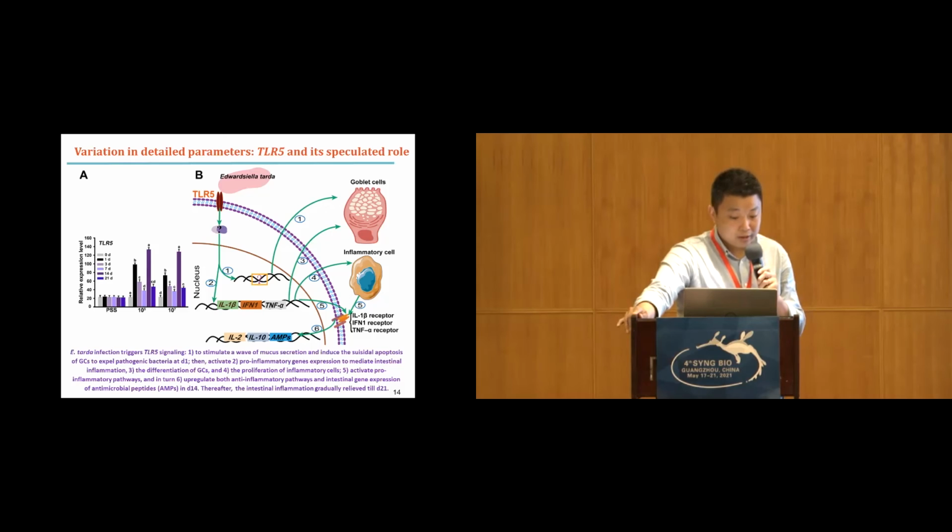In detail, Edwardsiella tarda infection can trigger TLR5 signaling to stimulate a wave of mucus secretion and induce the suicidal apoptosis of goblet cells to expel pathogenic bacteria at D1, and then activate pro-inflammatory gene expression to mediate intestinal inflammation, the differentiation of goblet cells and the proliferation of inflammatory cells.